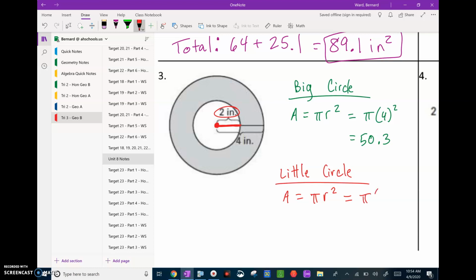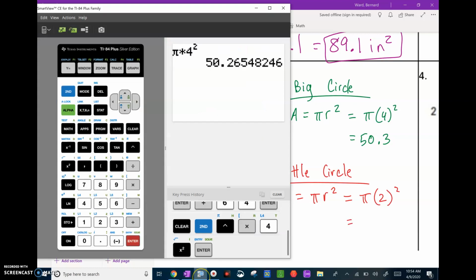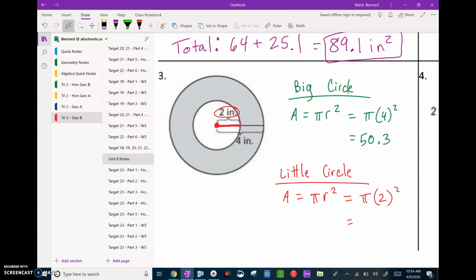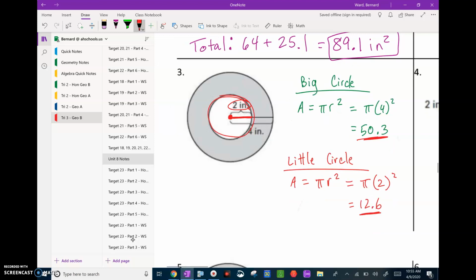So we want pi times 2 squared. When we type that into our calculator, we get 12.6. And so now we have these two numbers, big circle, little circle. Remember, we have to subtract the little circle because it's not shaded.